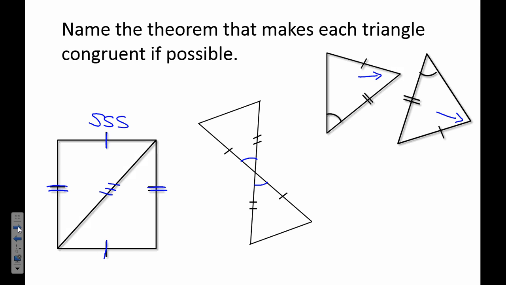Now does it work with side, angle, side? Are those the included angles? So this is side, angle, side. Okay? Everyone understand the distinction? What included angles mean? It's important to understand that. Okay?